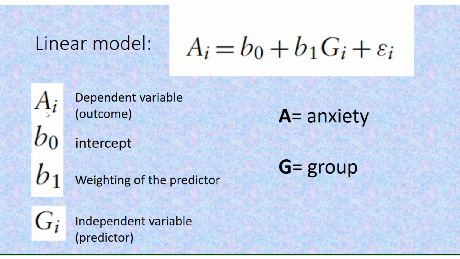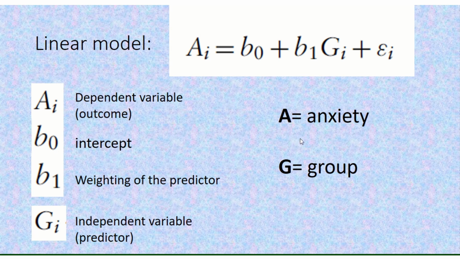Now, A sub i is for the dependent variable or the outcome. The b sub 0 will represent the intercept. The b sub 1 will represent the weighting of the predictor, while the G sub i will be the independent variable or the predictor.